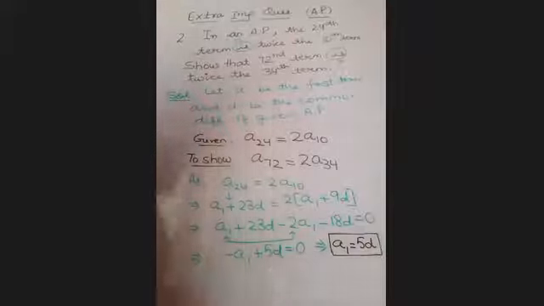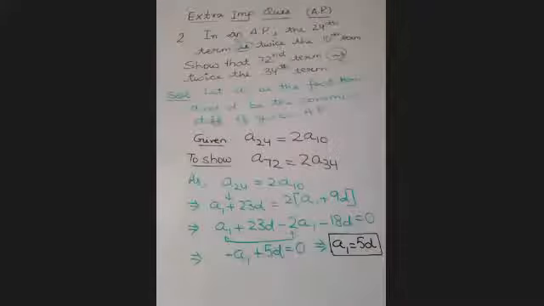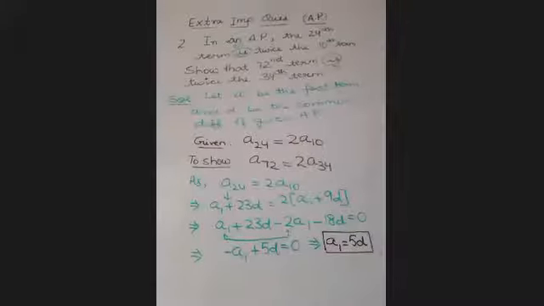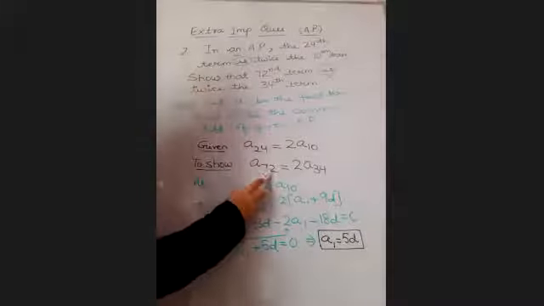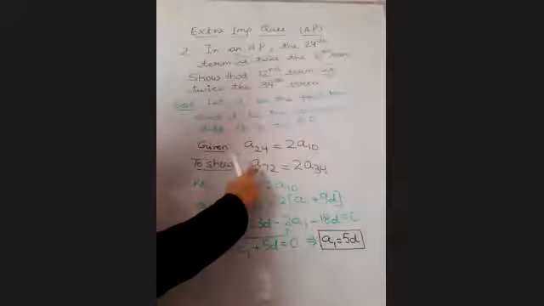Now, after finding A1 is equal to 5D, let us focus on what is to be proved. We need to prove that 72nd term is twice of 34th term. So let us start with the 72nd term.